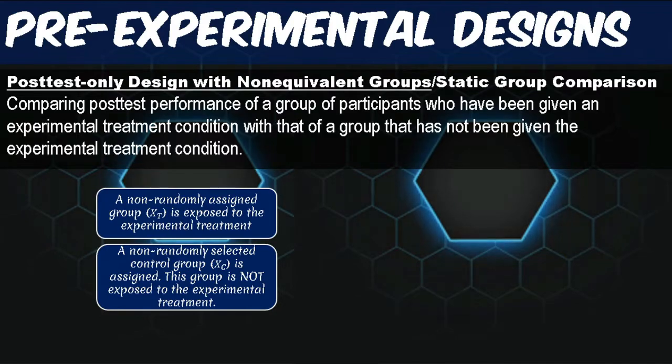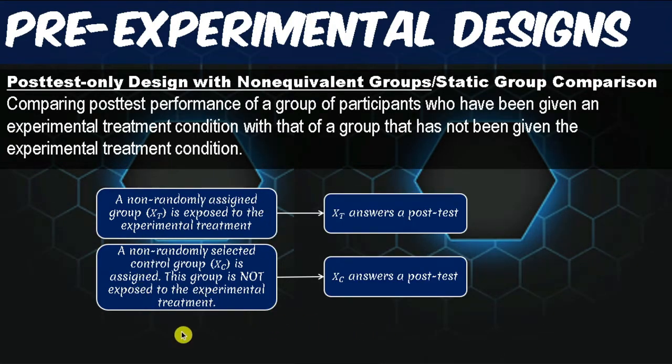In this design we are using two, but they are not necessarily equivalent. They are non-equivalent groups. So you have two groups, you expose one group to, so actually we can think of this group as our control group, the other one is experimental, but the two groups are not necessarily equivalent.